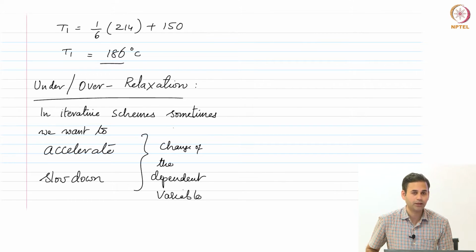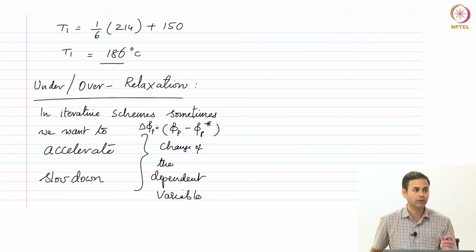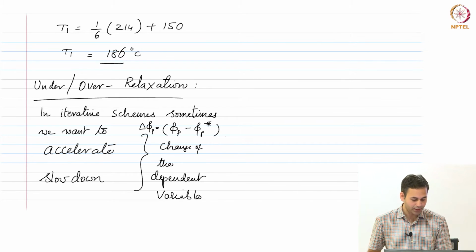That means from iteration to iteration, let us say you have some phi p and you have some phi p star. This change, that is your delta phi p, is what you want to control. Either you want to increase it or you want to slow it down from iteration to iteration.